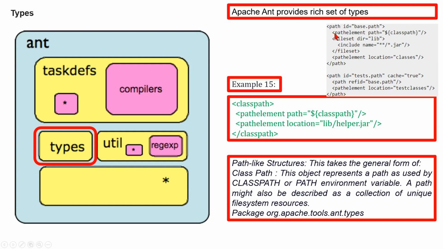Here a path-like structure can include a reference to another path-like structure, a path being itself a resource collection via nested path elements.